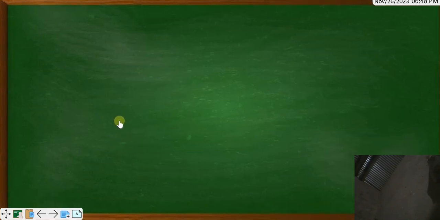Let me align my board nicely. Okay, so now what we have on this side, we had 2.4 moles, then equals the mass M over 85 grams per mole.